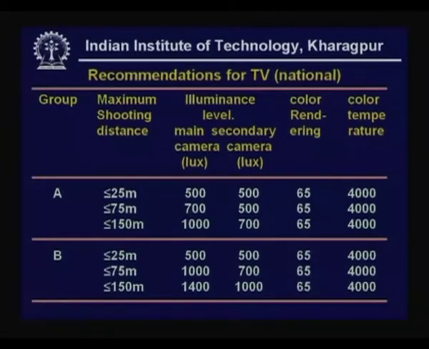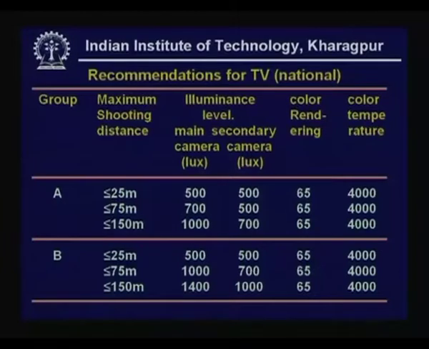For group A, we find the lux levels for the main camera vary from 500 to 1000, whereas for the secondary camera they vary from 500 to 700. That is, the main camera lux level requirements are much higher. When you move on from group A to group B, these levels have increased further from 500, 700, 1000 to 500, 1000 and 1400. The three distances that are being considered are 25 meters, 75 meters and 150 meters.